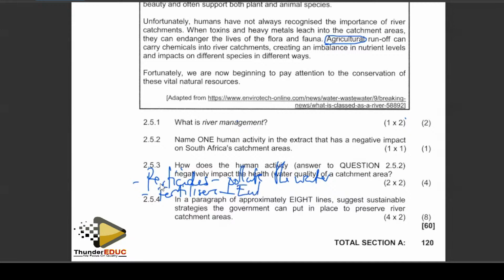Like we talk of eutrophication as the major concern with fertilizers. They affect the balance of the nutrients in water and damage the water quality. Right. So basically, those are the two elements: pesticides and the impact of fertilizers. Right.